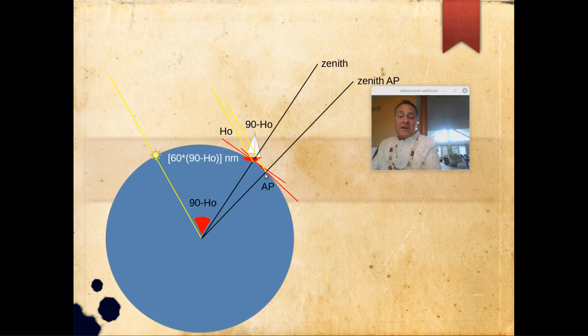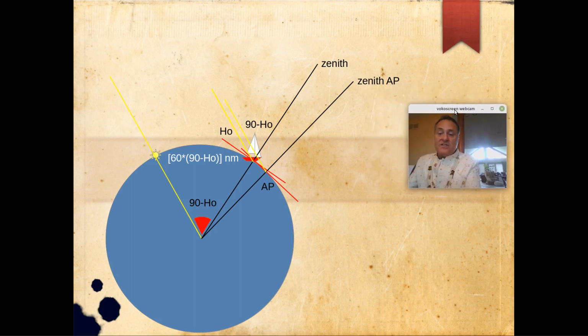Now we're not there at the assumed position, but we can calculate the value 90 minus HC using spherical trigonometry, and I have yet to teach you how to discover these two values, HC and the zenith angle. But we do that by solving the spherical triangle, and I'll show you here shortly.